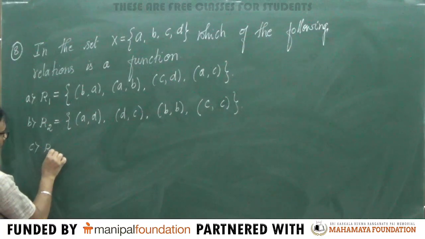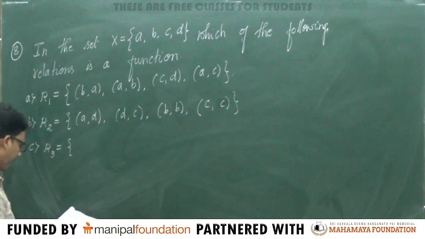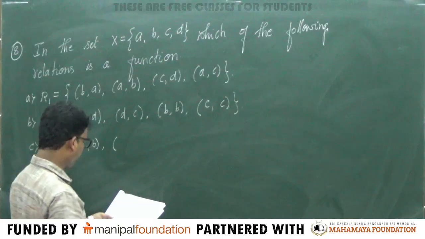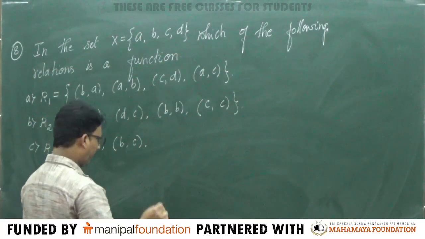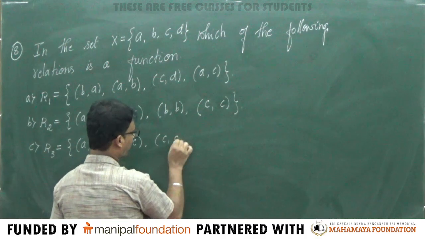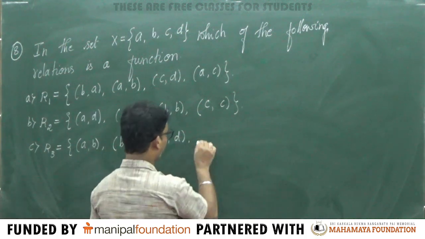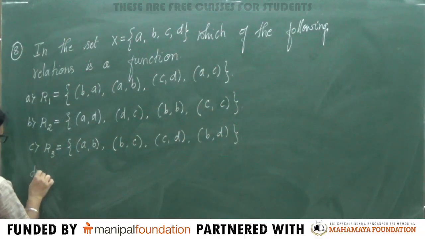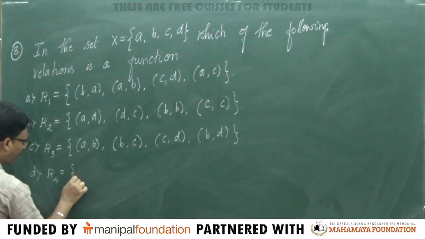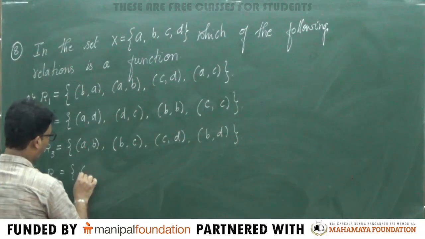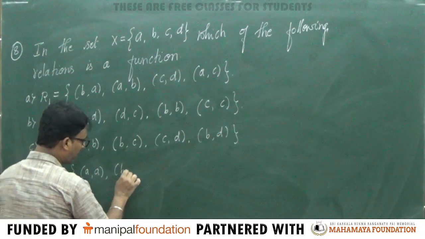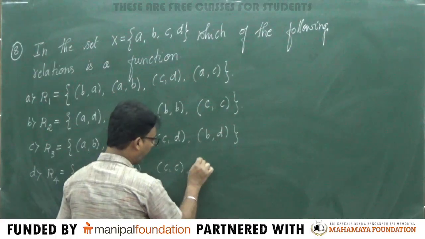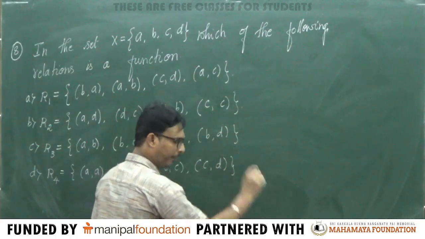Option C, the relation R3 is given by (A, B), (B, C), (C, D), (B, D). And option D, the relation R4 is given by (A, A), (B, B), (C, C), (C, D).